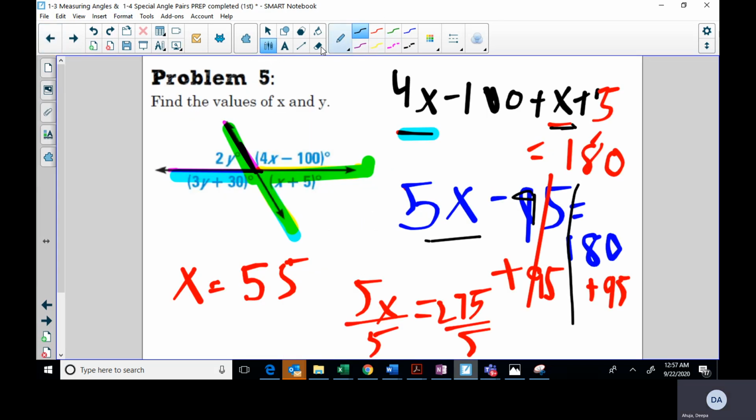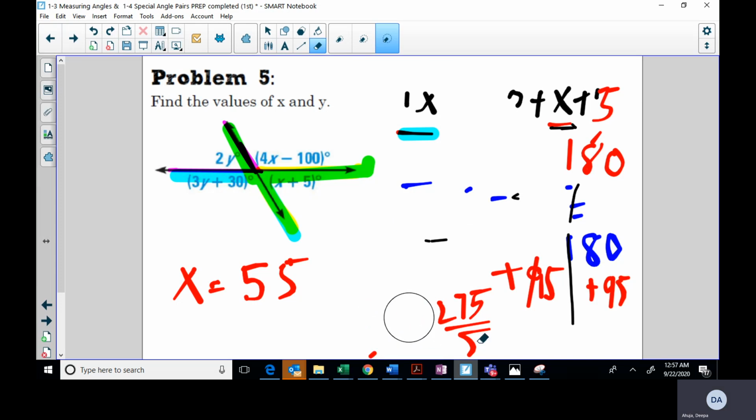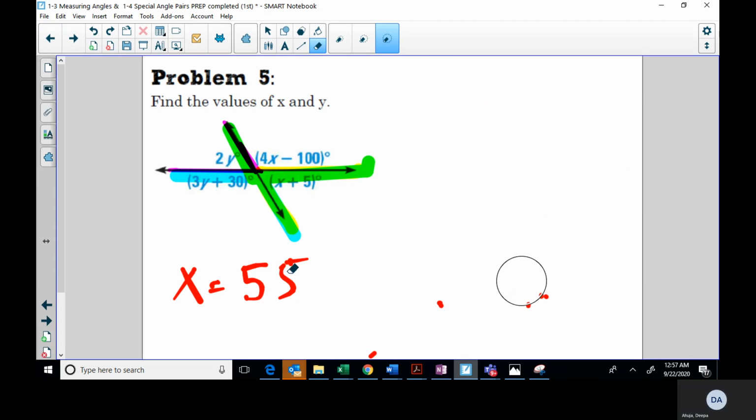Let me just erase this and do the part of y. Y and x together on one page so that you can all see what you have to do.